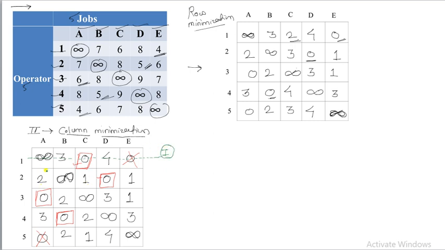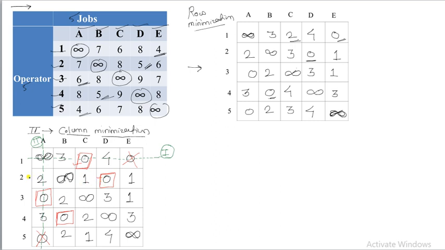Then the second line we can draw here in a column, because there are again 2 zeros. Okay, so the second line we have drawn here. Now the remaining 2 zeros can be covered by using either vertical lines through columns or horizontal lines through rows.